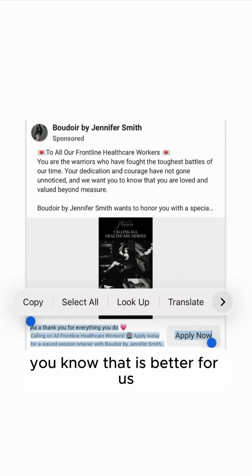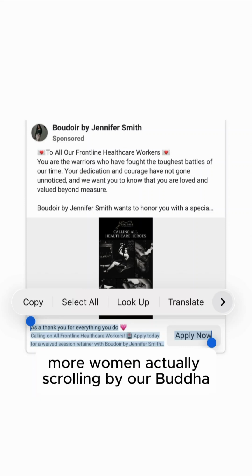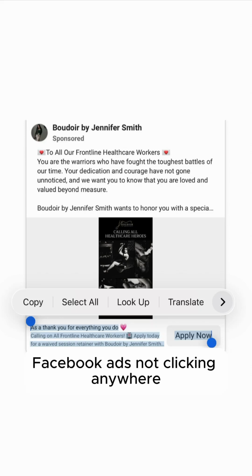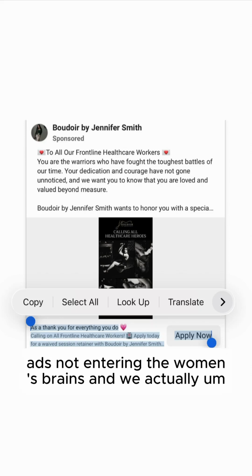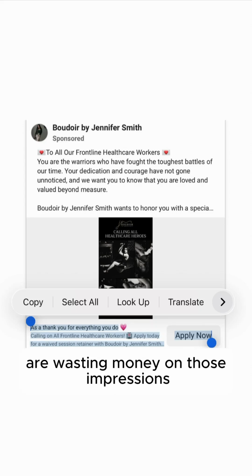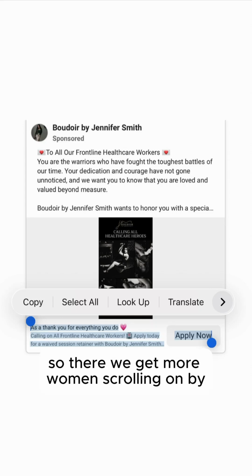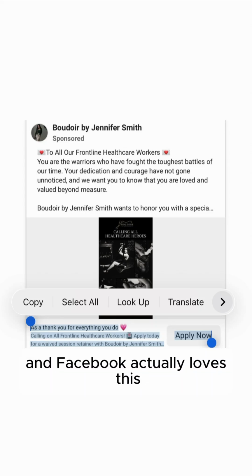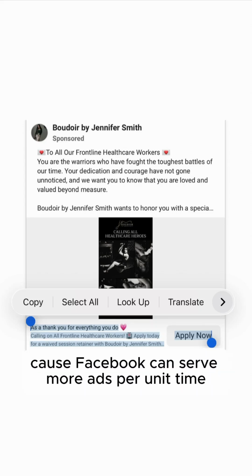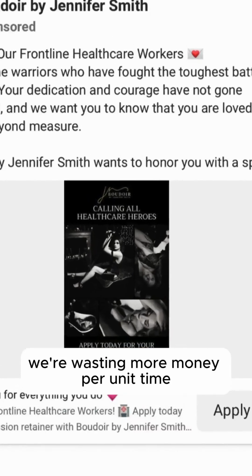But the consequence is that when we fill out all these fields, more women are scrolling by our Boudoir Facebook ads, not clicking anywhere, the ads not entering the women's brains, and we're wasting money on those impressions. So we get more women scrolling on by, fewer women clicking on our ad. And Facebook loves this because Facebook can serve more ads per unit time and earn more money per unit time, while we're wasting more money per unit time.